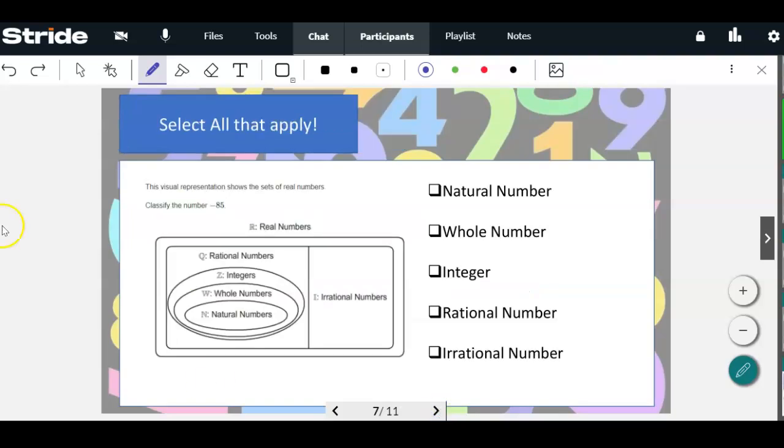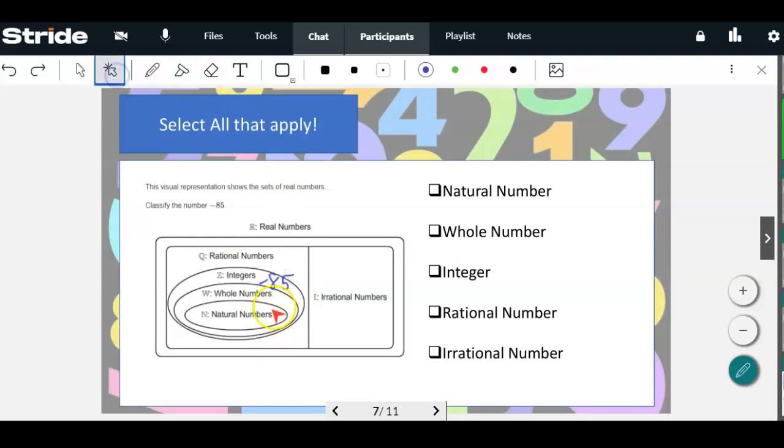This is similar to a test question as well. So it says this visual representation shows a set of real numbers. Classify the number -85. So let's put that in where it belongs on the diagram. It's -85, so that's going to go right in here.